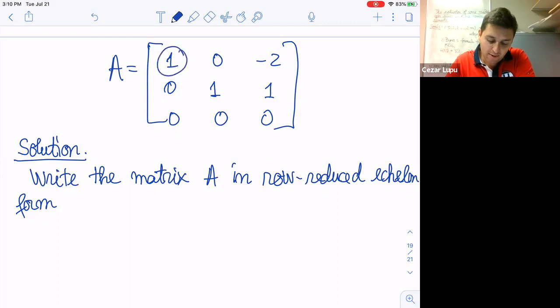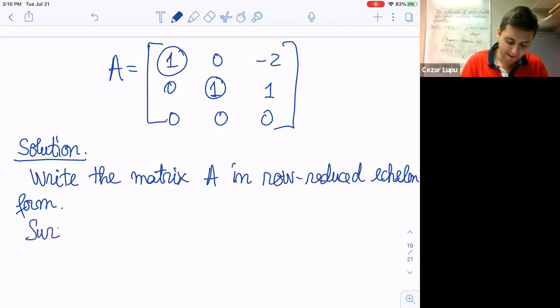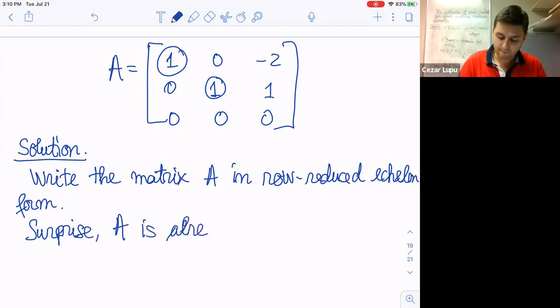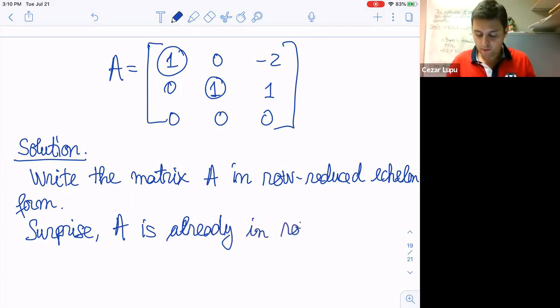I have the leading ones here. Everything underneath, under the leading ones, it's 0, and that's it. So surprise, surprise. A is already in row reduced echelon form.